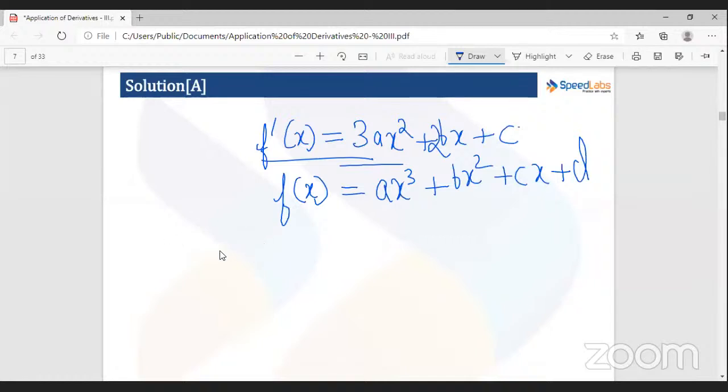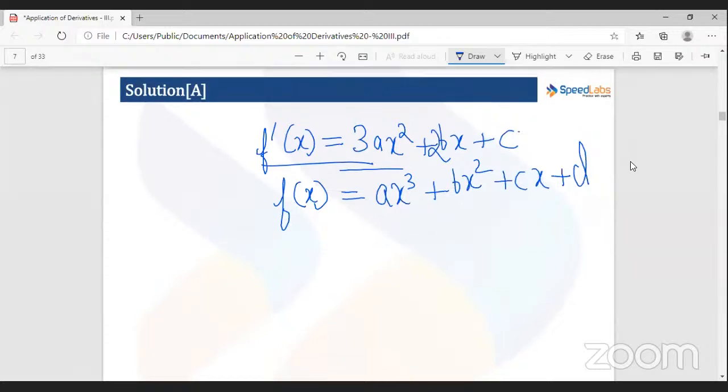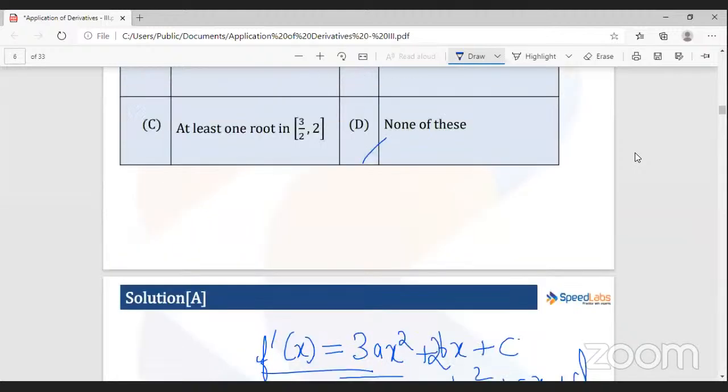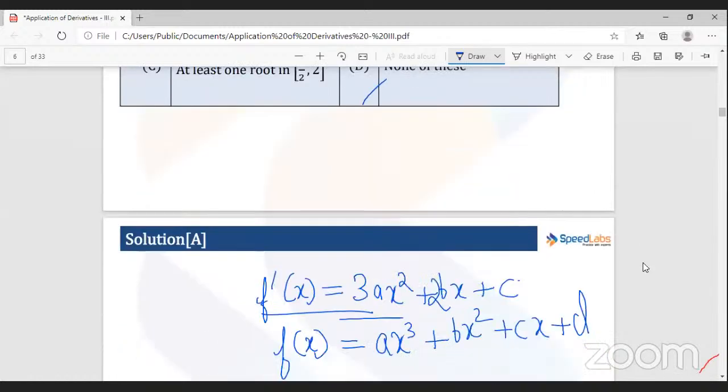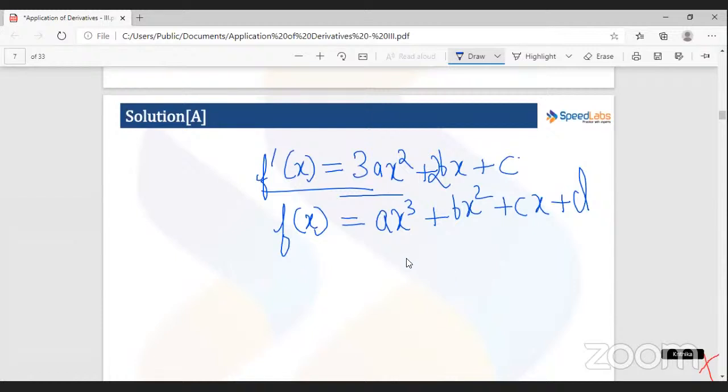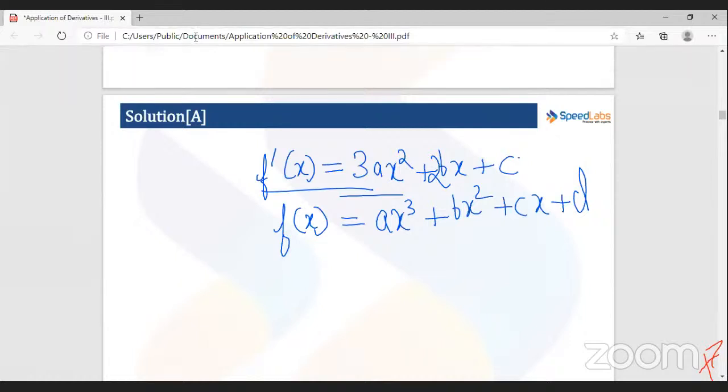Now let's check its value at 0, 1. Why 0, 1? Because in first option 0, 1 is given. So let's check its value at 0, 1.